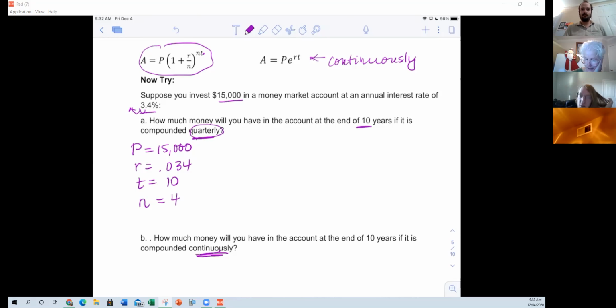And then I just plug this into the formula and I get A equals 15,000 times 1 plus 0.034 to the power of 4.